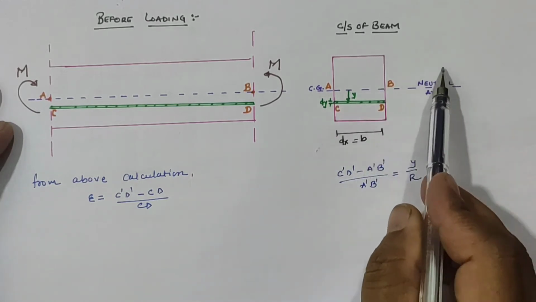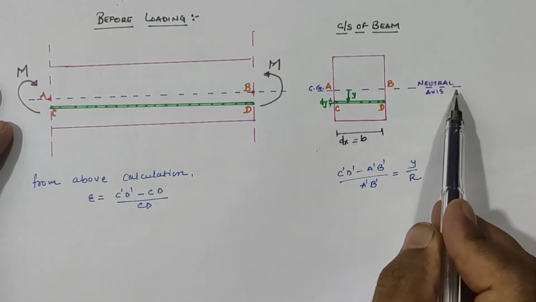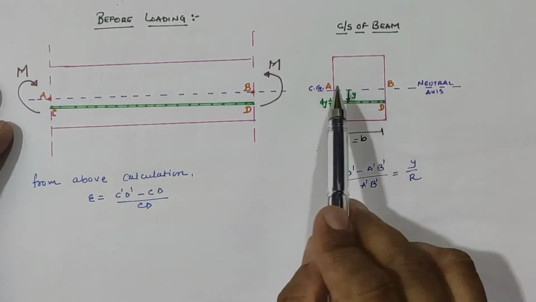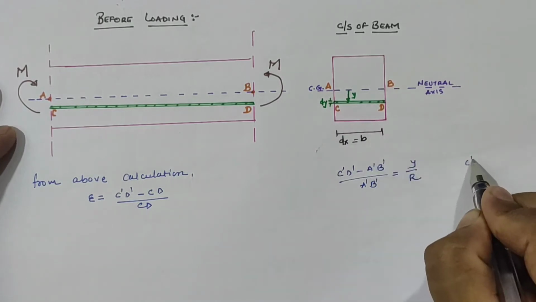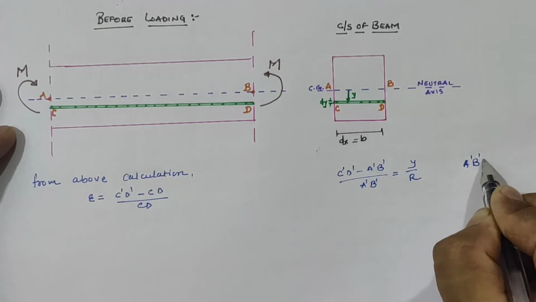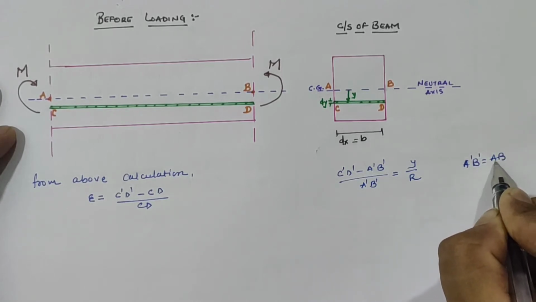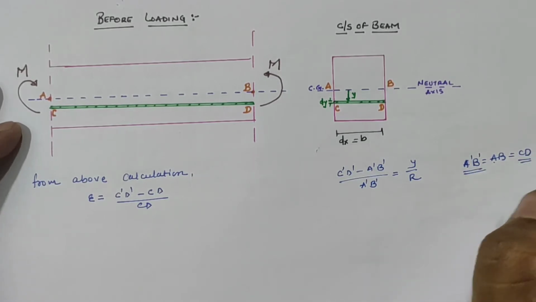So a dash b dash is equal to AB, and from the figure we can say that AB and CD values are both equal. So a dash b dash is equal to AB, which is equal to CD. So let us put a dash b dash as the CD value.